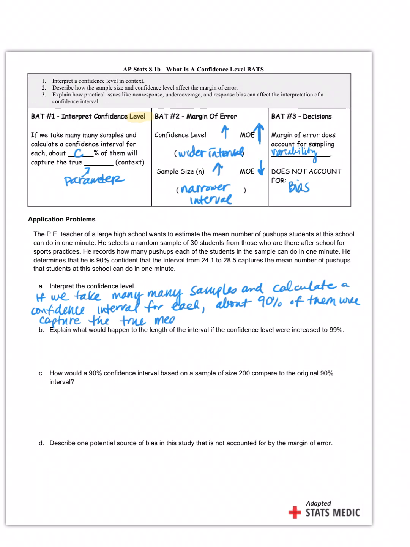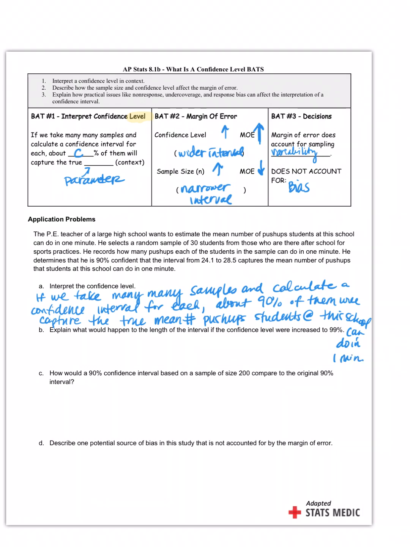Mean number of push-ups students at this school can do in 1 minute.